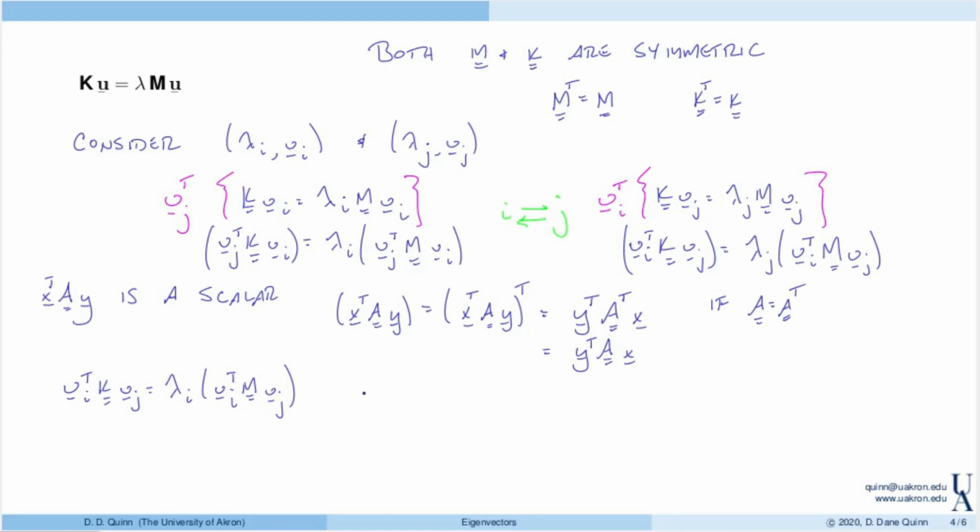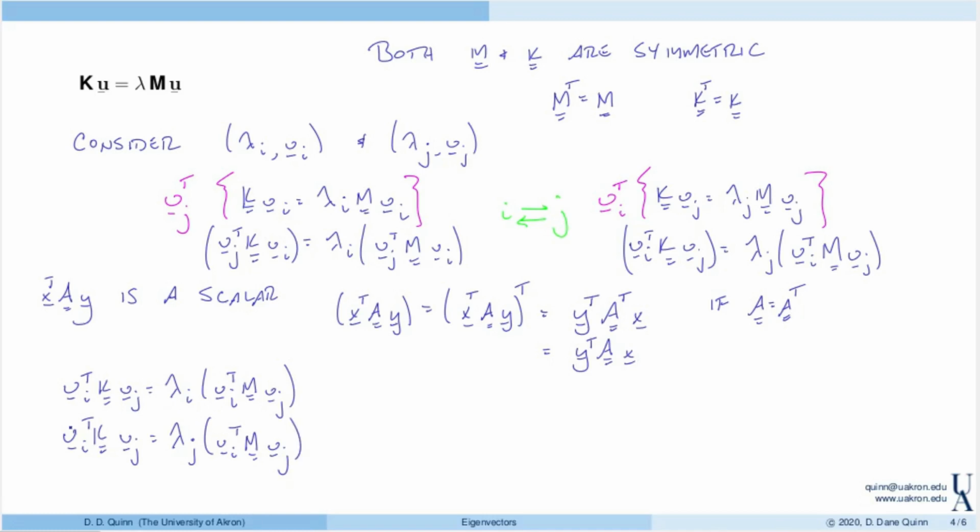Now, this second one is ui transpose K uj, and now almost the same, except this is lambda j, and then ui transpose M uj.